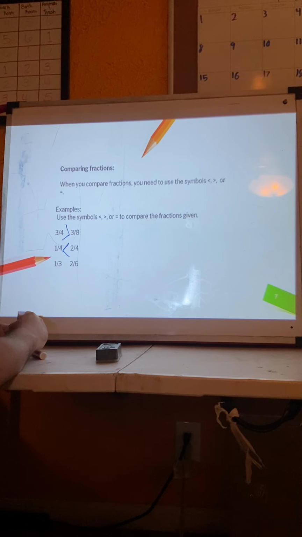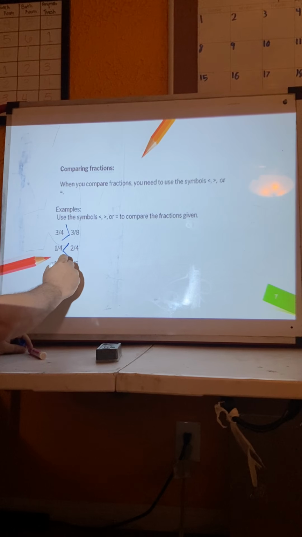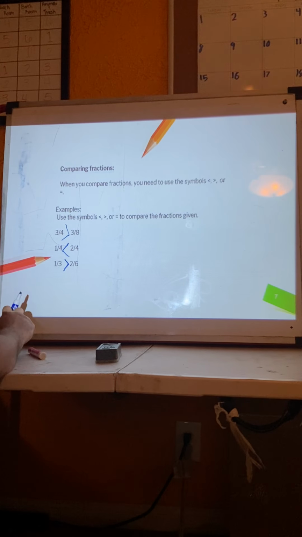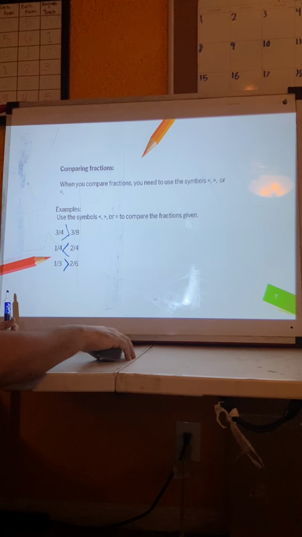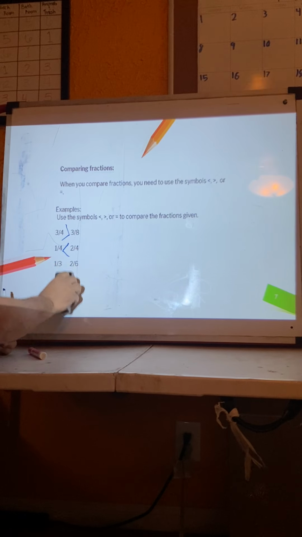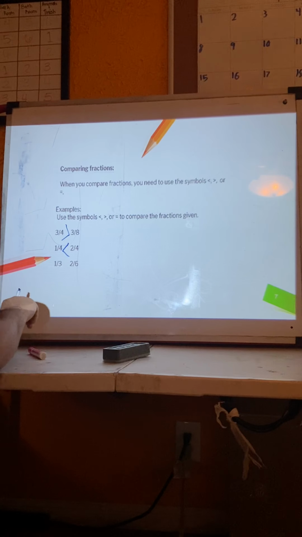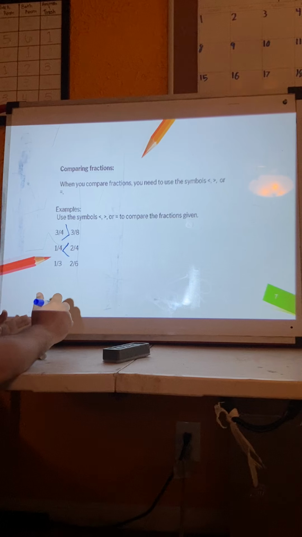I know a lot of y'all automatically are going to think that 1/3 is greater than 2/6 because the denominator is bigger than 6, right? Well, that's not the answer. Whenever you have a numerator and denominator that are different, you need to draw a model. You must draw a model to figure it out.